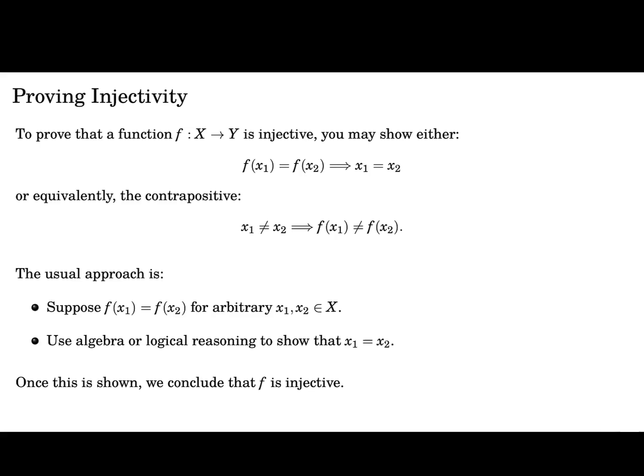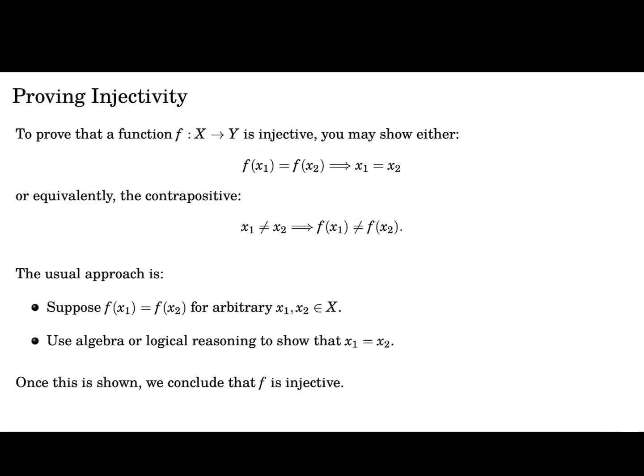To prove that a function f from X to Y is injective, you may show either that f(x1) equal to f(x2) implies x1 equal to x2, and this is how we wrote the definition. But you can also prove the contrapositive.